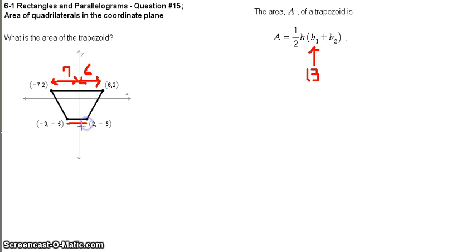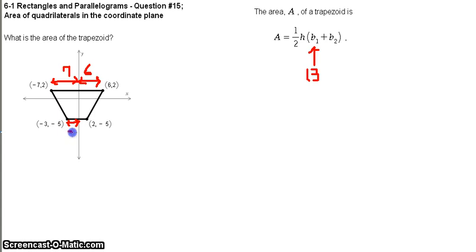This is my B2. From this point to the y-axis, that is 3 units. This is very hard to draw with the mouse, I'll try my best.